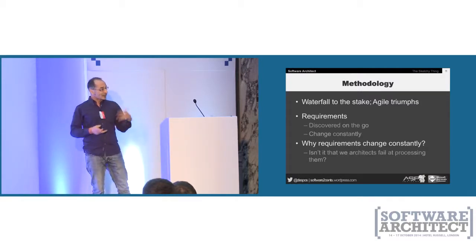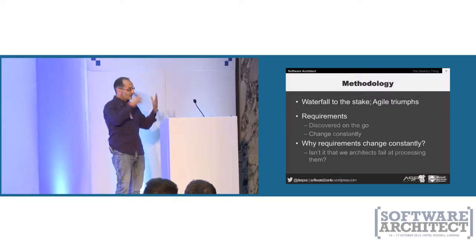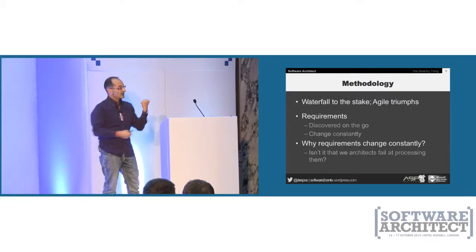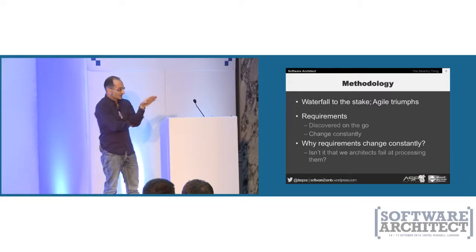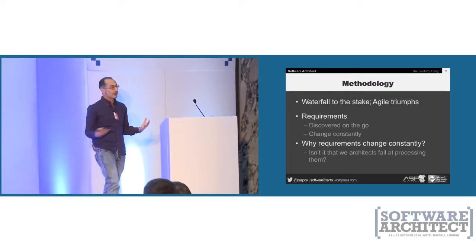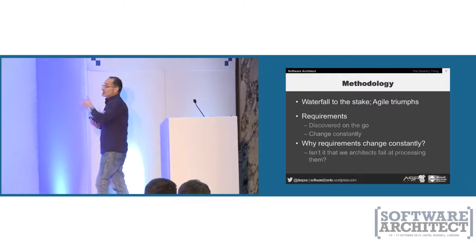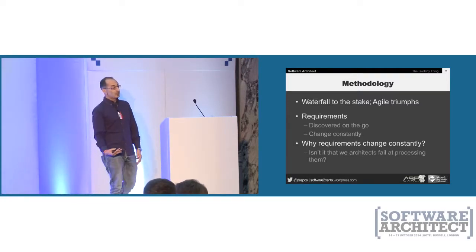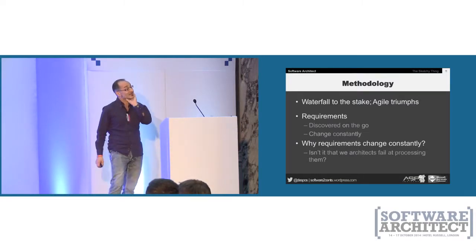Because every request for change may be more money for the software house if you work for hire, but it also brings the costs up for the buyer, and this is never great news, even for the software house that works for hire. So when costs go up, it's not necessarily great news for all parties involved. So we complain that requirements change constantly, but why do they change constantly?